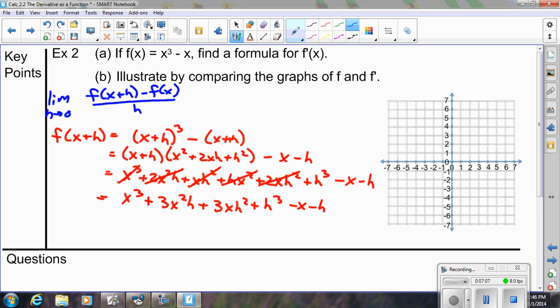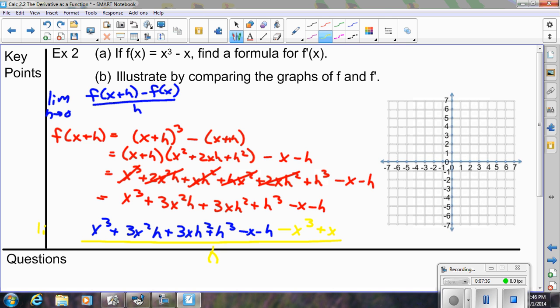When we start using that now, we have f of x, which I'm writing down now in blue, subtract f of x, so that would be subtract x cubed and plus x, all over h.